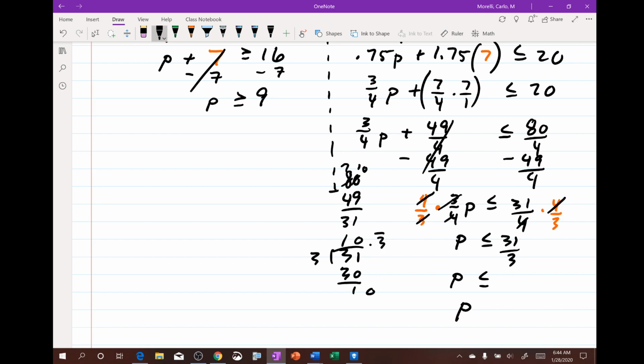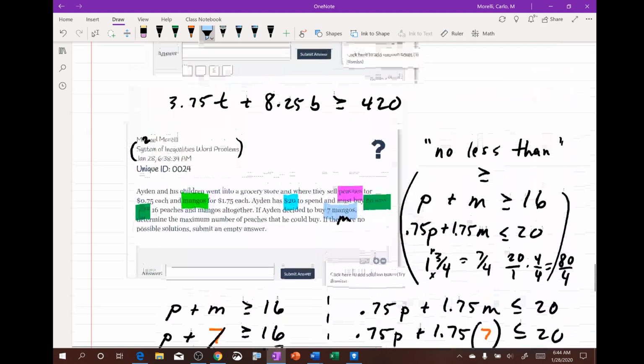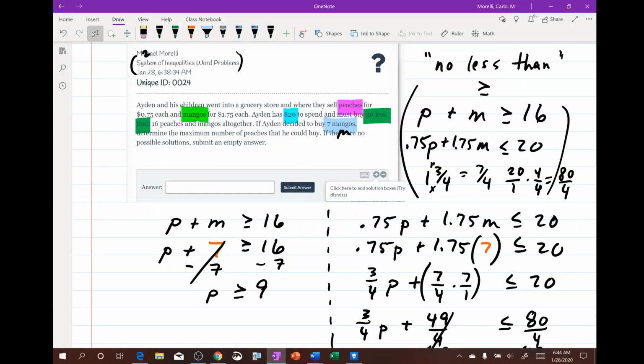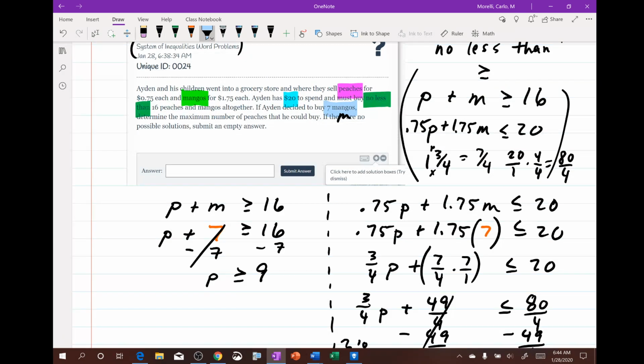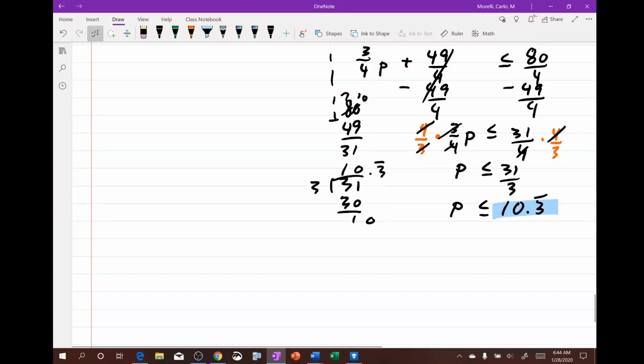P is less than or equal to 10.3 repeating. Now, we need to figure out whether we should use 10 or 11. What is the maximum number of peaches that he could buy? Now look, here's the question. Can you buy 0.3 repeating of a peach? No. So what we need to do is kind of level this problem out and say P is less than or equal to 10.